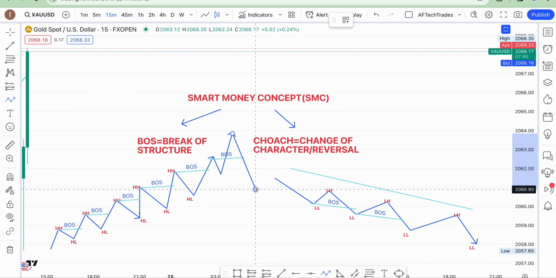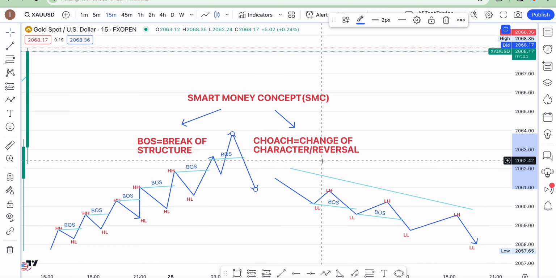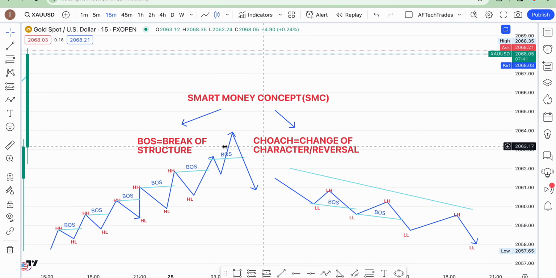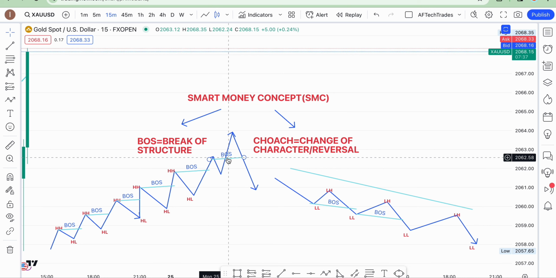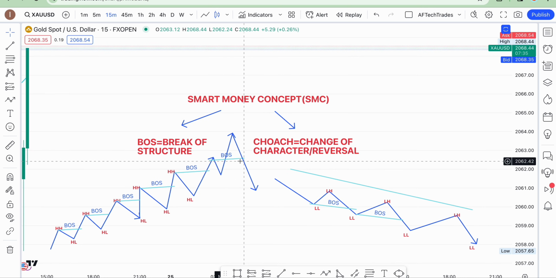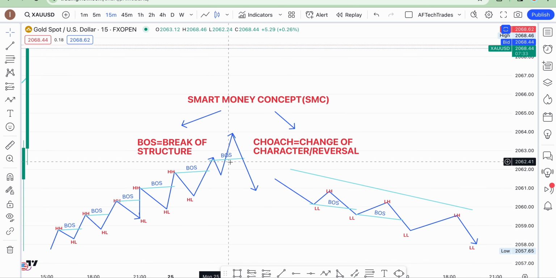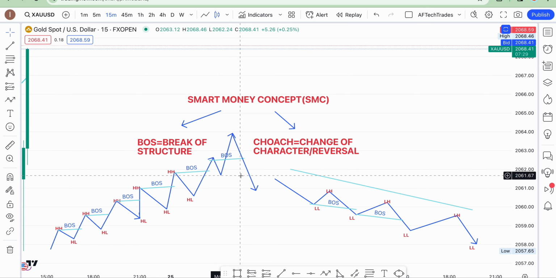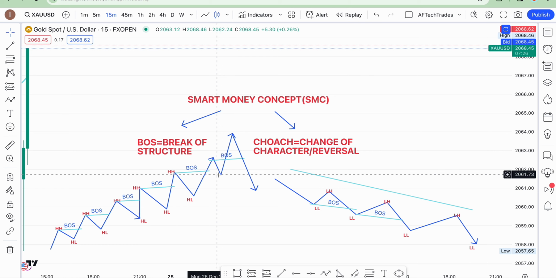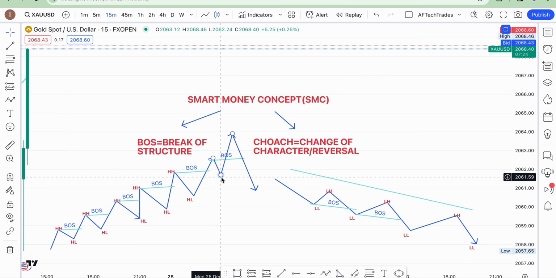You see, when I saw something like this, this is what we call a change of character, because it came back and broke through our previous higher low here. This is our higher low, right?